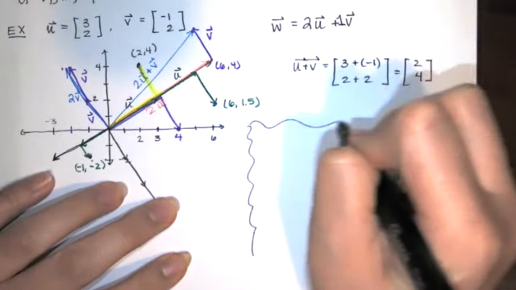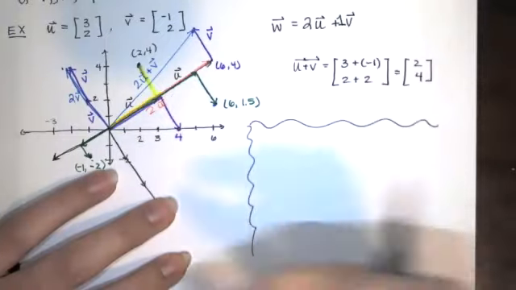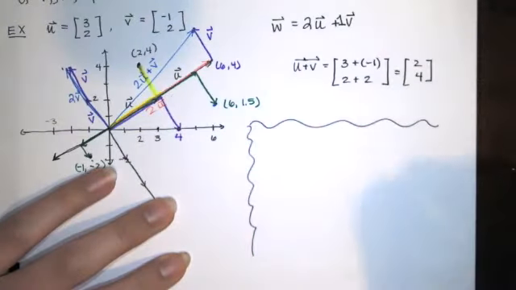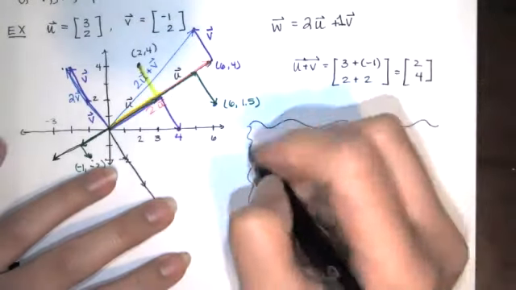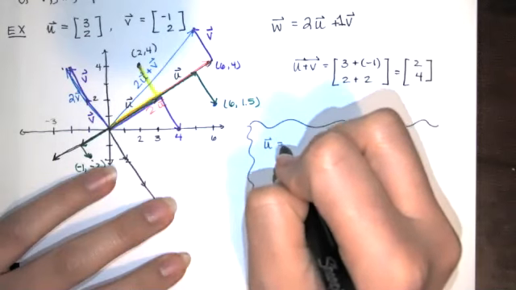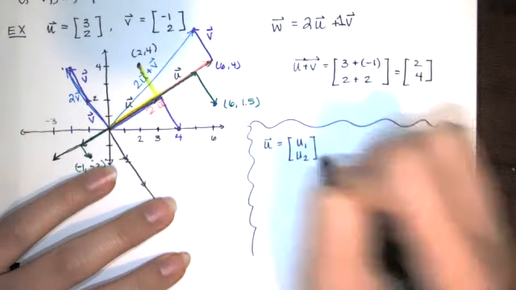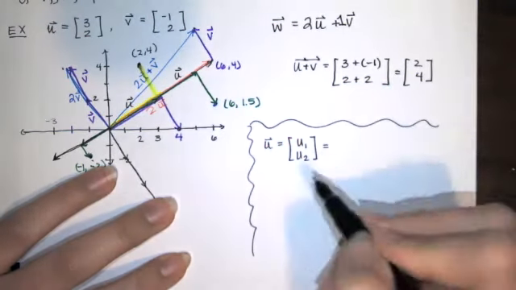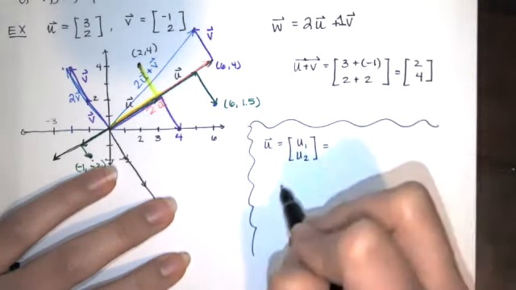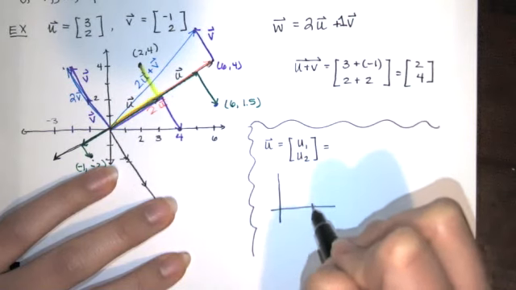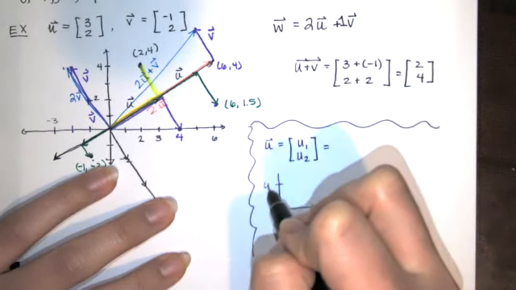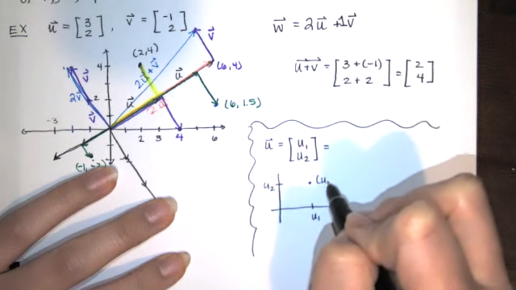Given the convention used by Ley that we're using points and vectors as interchangeable, we're thinking of vectors as living in n-dimensional space. They're saying this vector u1, u2 corresponds to this location u1, u2.